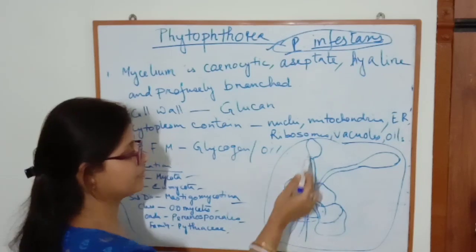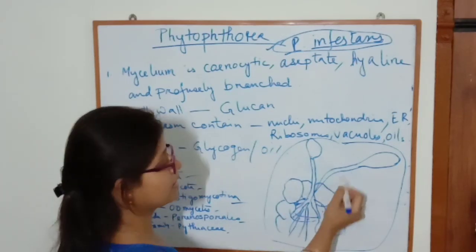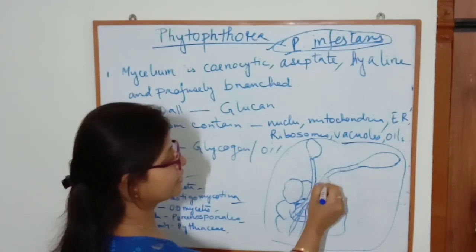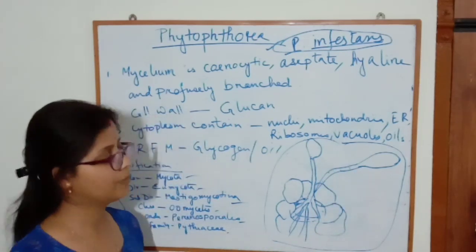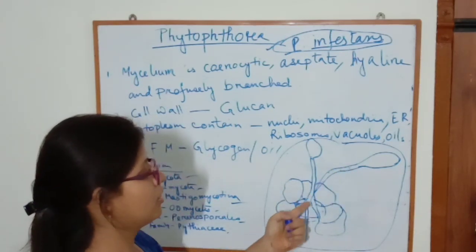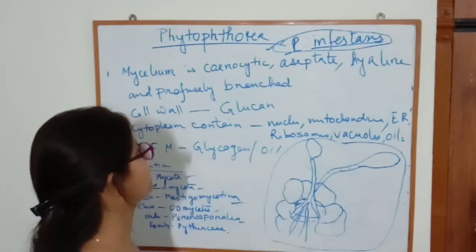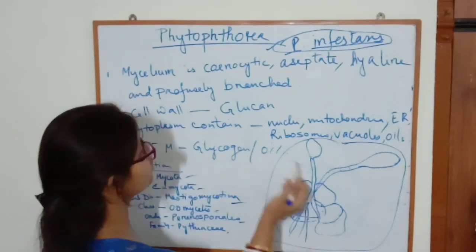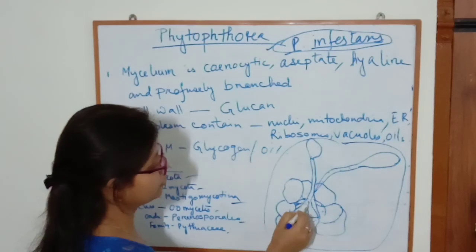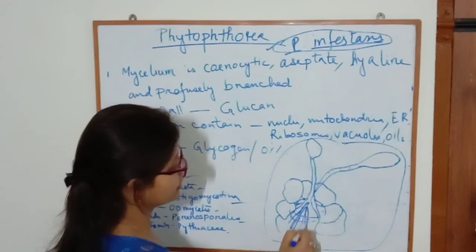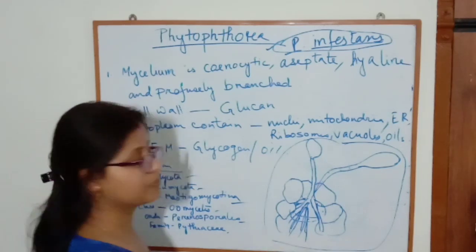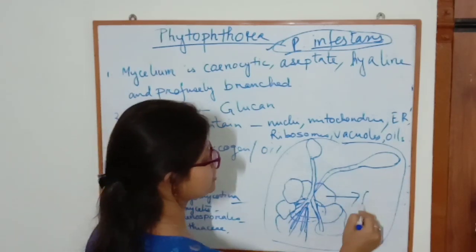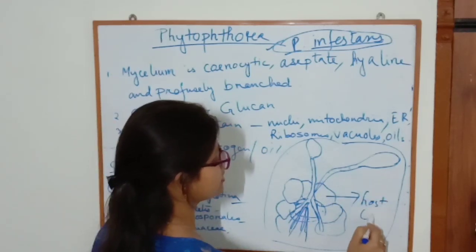That means the mycelium is colorless. Many nuclei are there, but no septa or cell wall is present inside the hyphae or the mycelium. They are profusely branched. Here you see the branches, and this is the host cell.